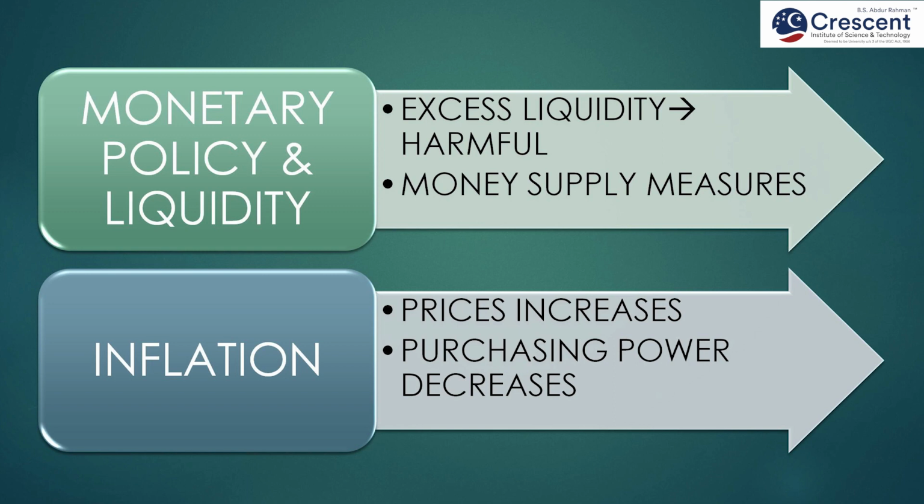M2 is M1 plus small time and savings deposits. M3 measures the money supply that includes M2 plus large time deposits, repos at commercial banks and the institutional money market accounts. A steep rise in BSE index is accompanied by a corresponding rise in M1 and M3.